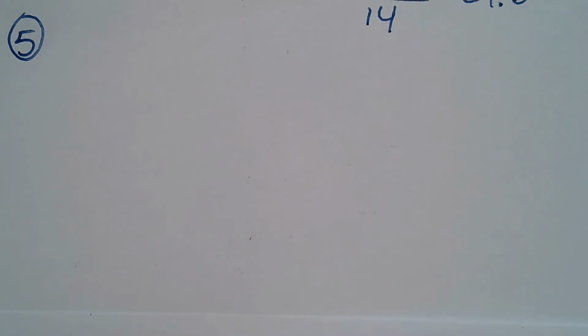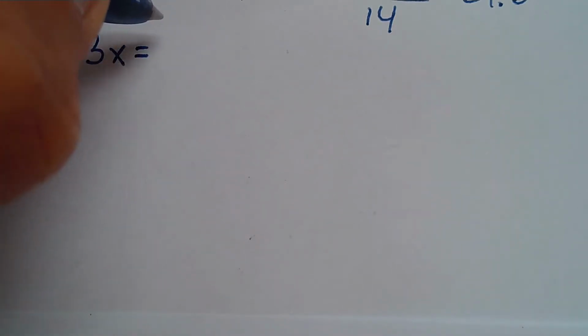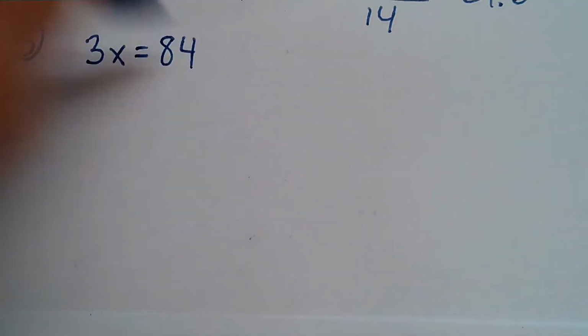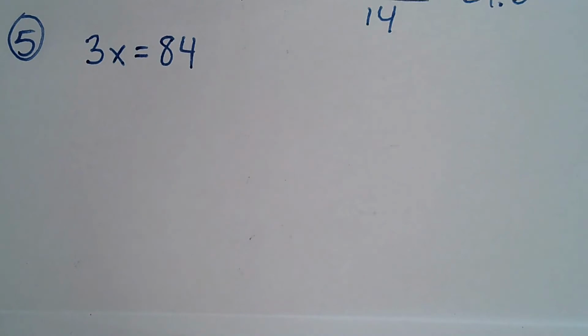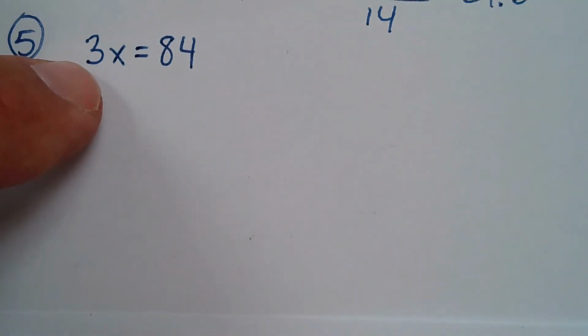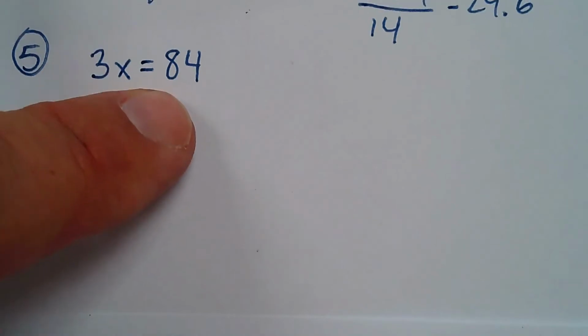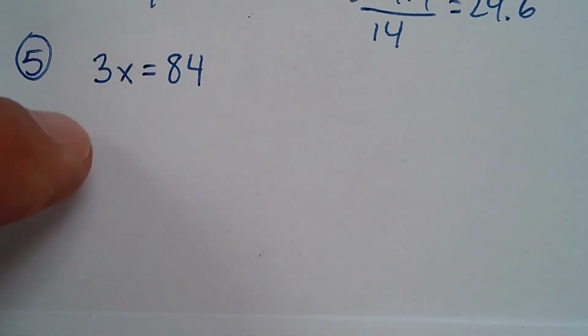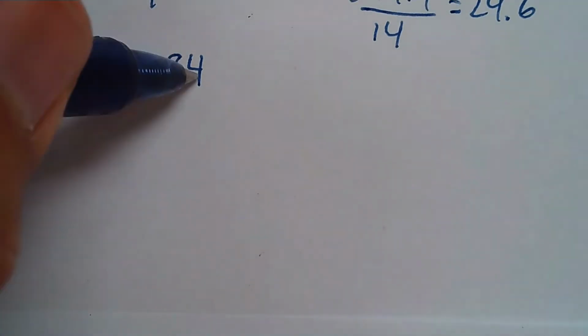So he spends the same amount each week. Well, let me check here. If I have 3x, 3 times x is 84, where x is the number of weeks, that's not going to work. Because if he goes for 2 weeks, 3 times 2 is 6. That's not 84. So this is not it.